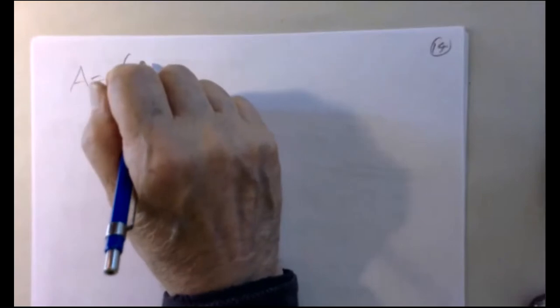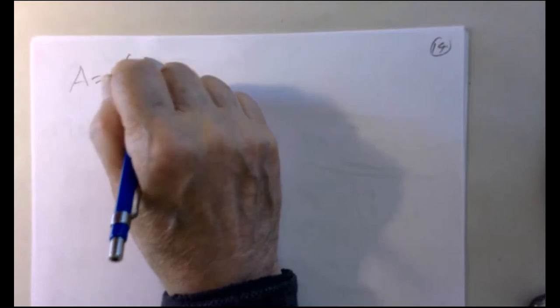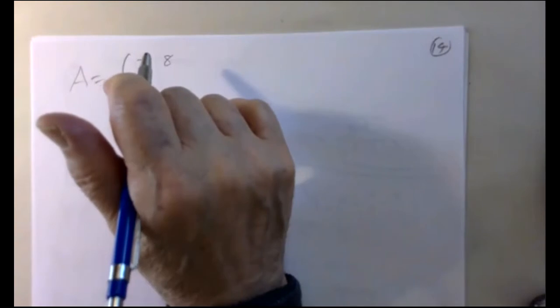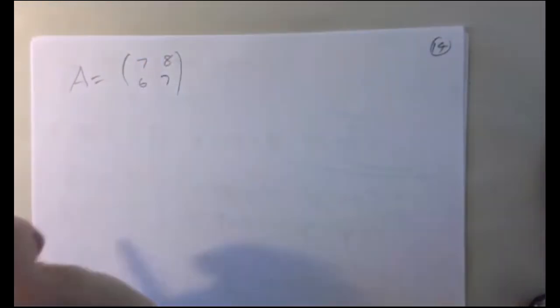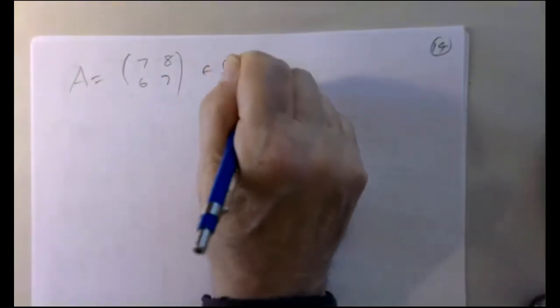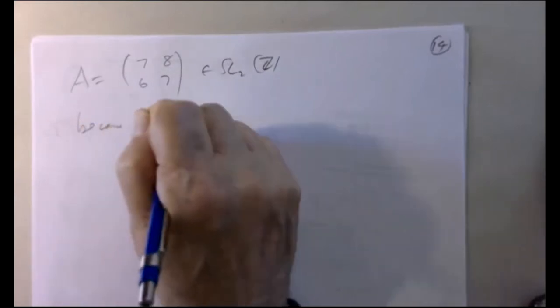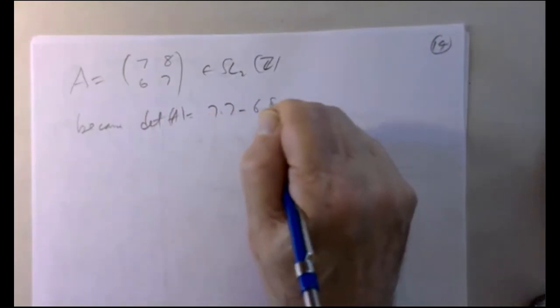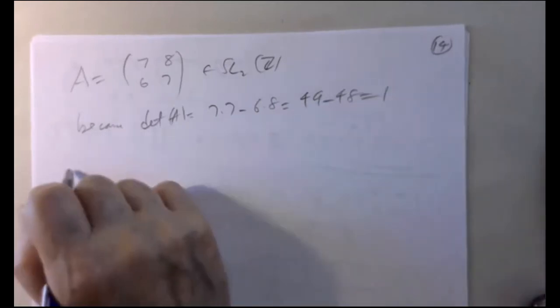So for example, A equals this matrix. This is in SL2Z because the determinant of A, which is AD minus BC, is 1.